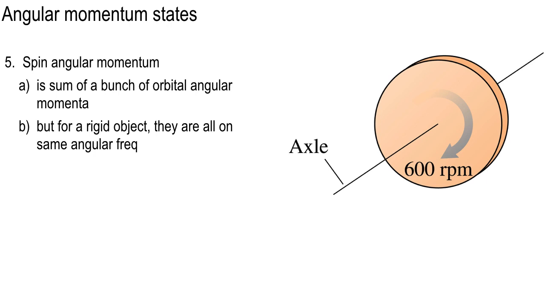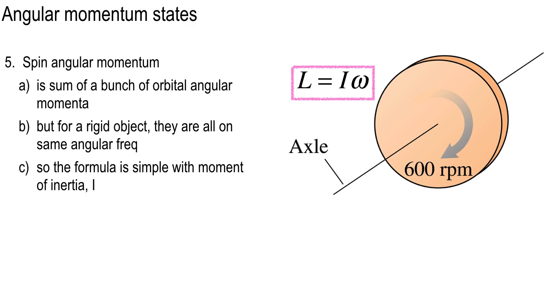So for a rigid object, they're all at the same angular frequency or angular speed, and the symbol for that is omega. So this formula: angular momentum equals capital I times omega.